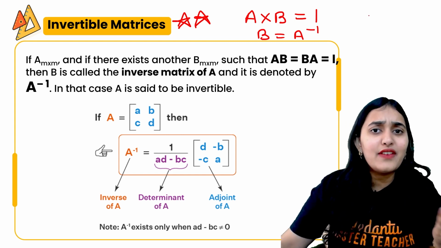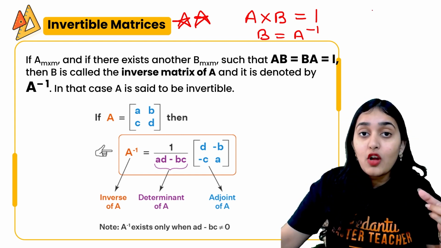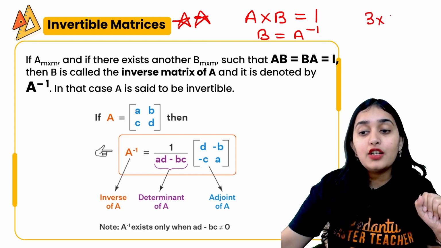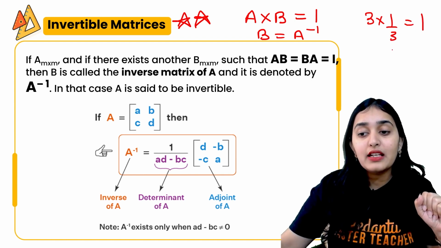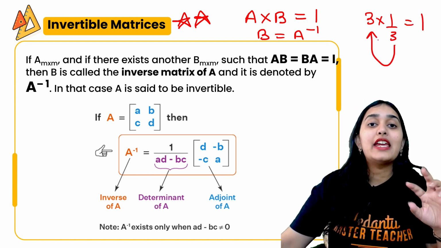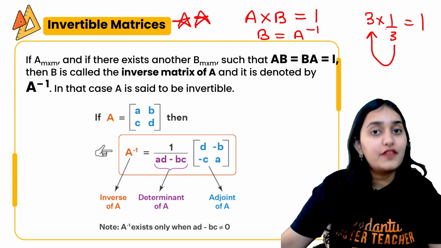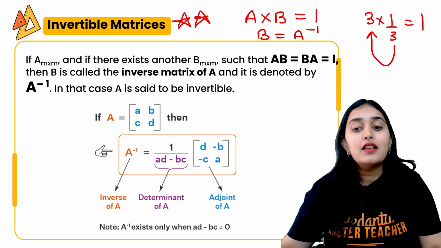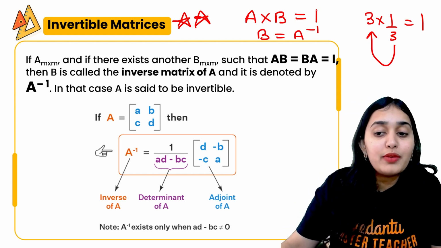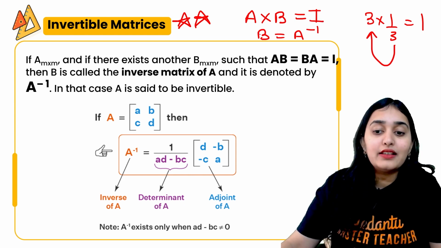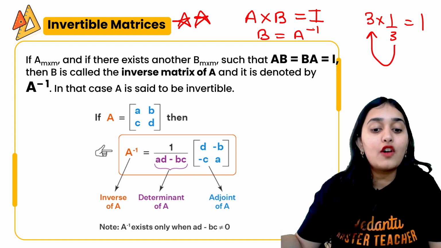Just like we have learned in numbers also, na, that 3 into 1 by 3 is equal to 1. So 1 by 3 is inverse of 3, reciprocal of 3. Similarly here, if A into B is identity matrix, then B is basically inverse of A.